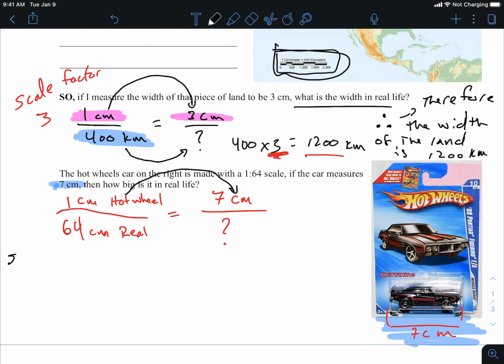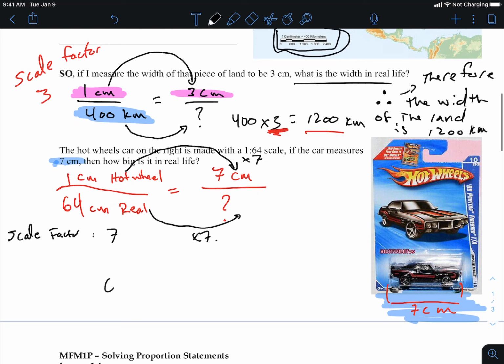So my scale factor is 7. So that must mean if I multiply by 7 on the top, what am I going to have to do on the bottom? Multiply by 7. Okay, so what is 64 times 7? 448. So 448 centimeters.